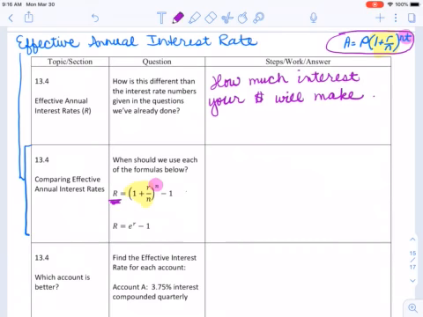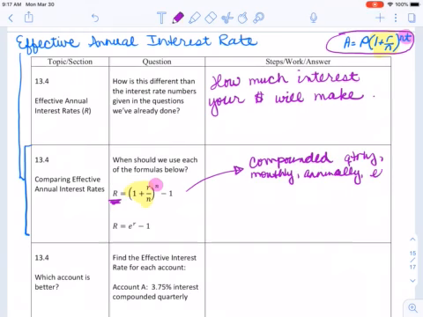Okay, and again, there's a couple formulas here. This first one is when it's compounded quarterly, monthly, annually, I can't spell, etc. So when they give you a certain number of times it's being compounded, the one at the bottom is very similar to this formula, right?